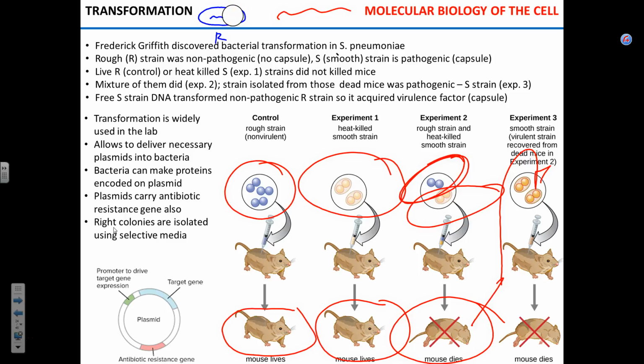The non-pathogenic strain takes this DNA in, and when genes in that DNA get expressed, especially genes that control the capsule, it becomes now pathogenic. Does that make sense?